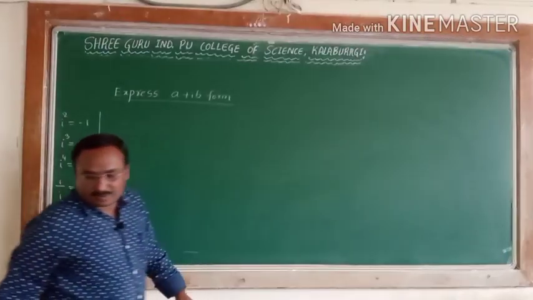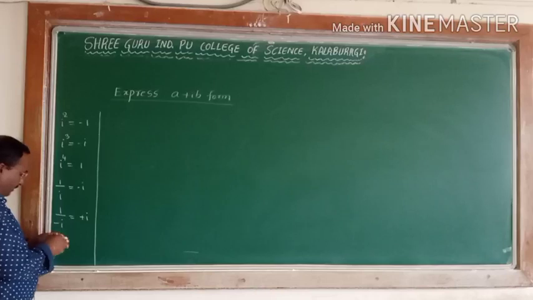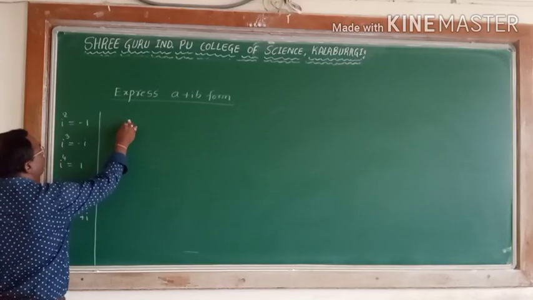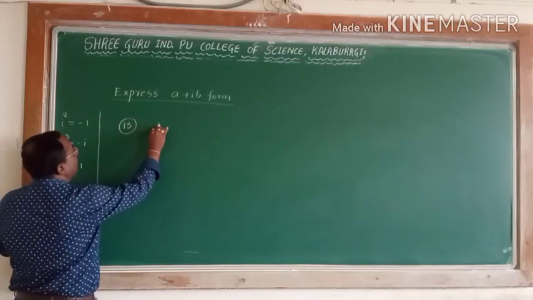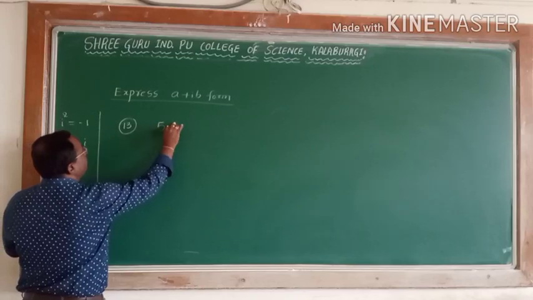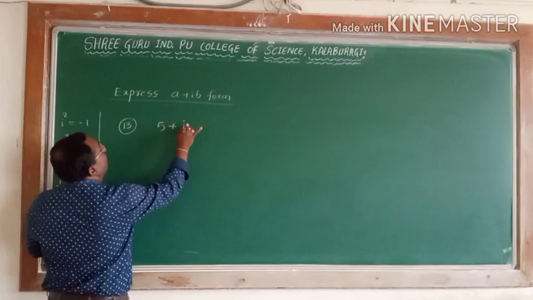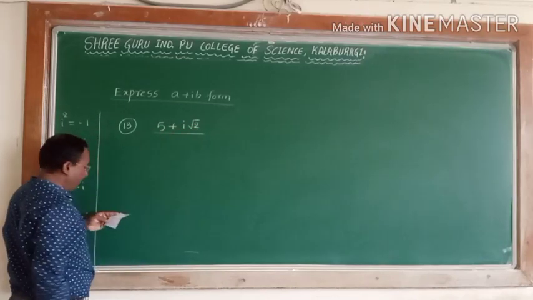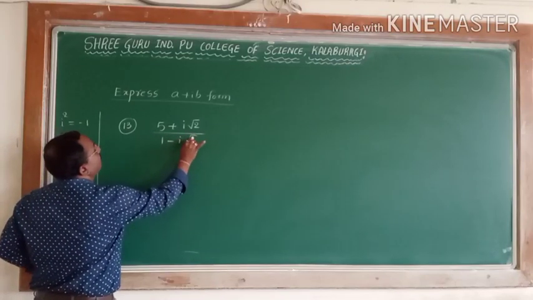Next, example number 13. Express in a plus ib form: 5 plus i times root 2, divided by 1 minus i times root 2.